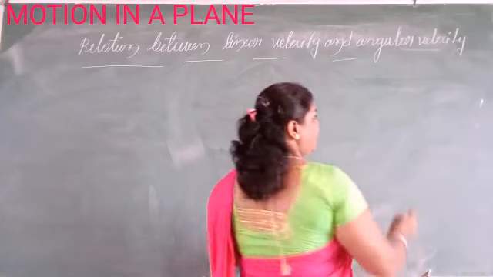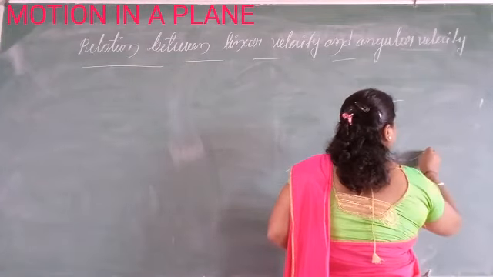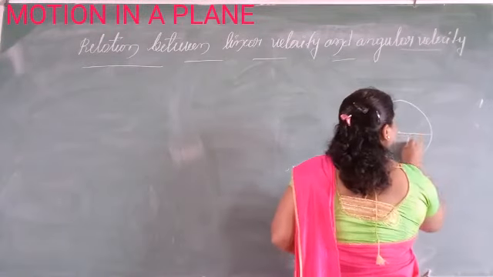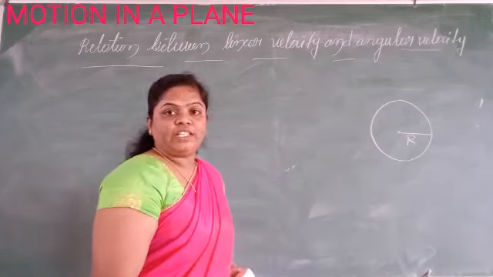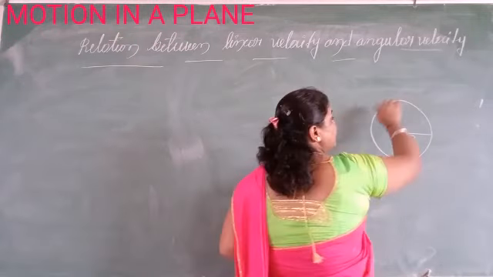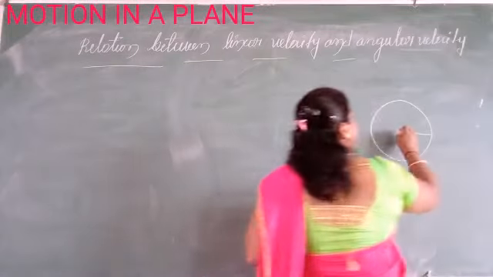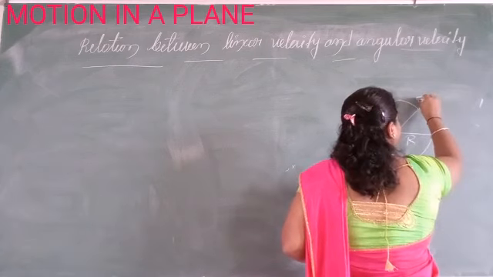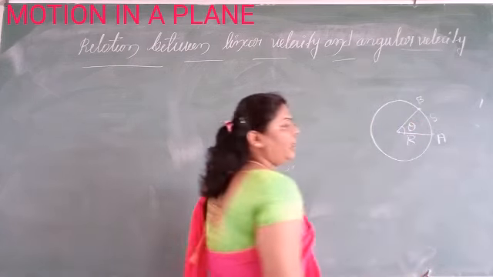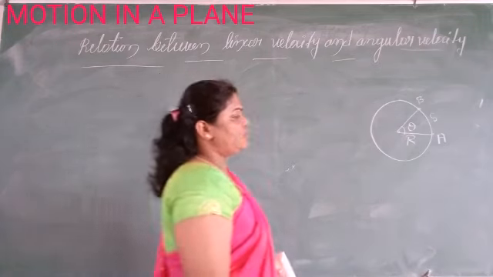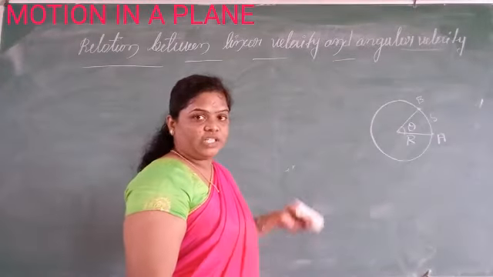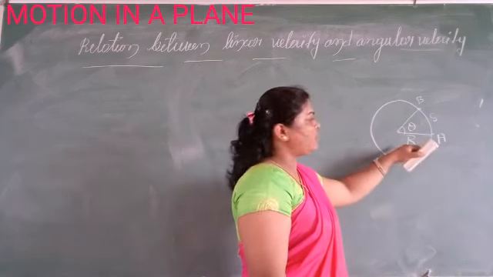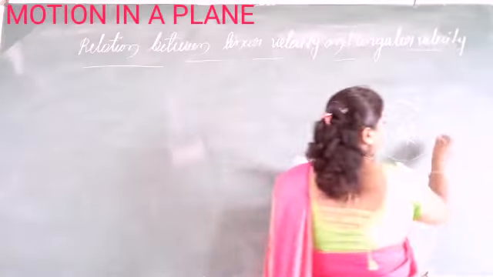Now let us see. Let us consider an object moving along the circumference of the circle with the constant radius r. That object is in circular motion along the circumference of the circle. See the figure here.